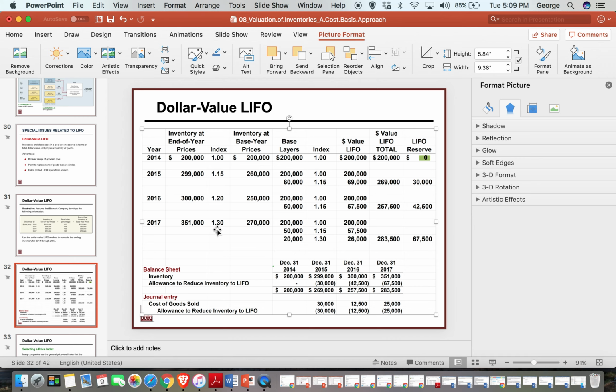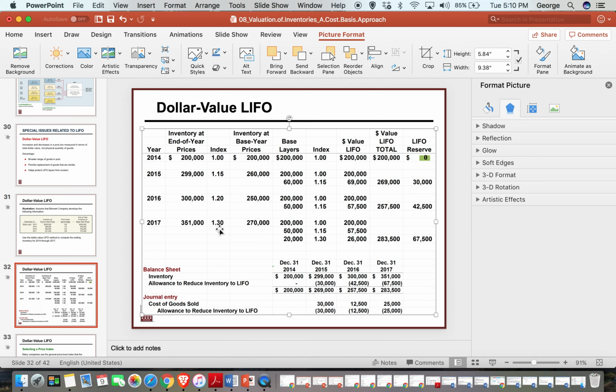The new index is 1.13, and multiplying 20,000 by 1.13 gives you the 26,000. So that 20,000 is in that last level.